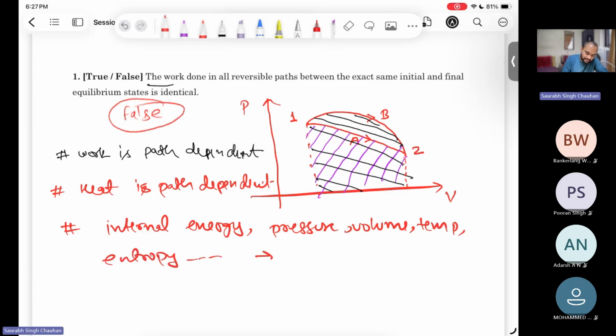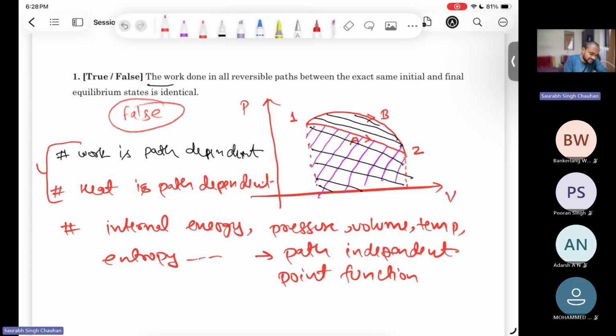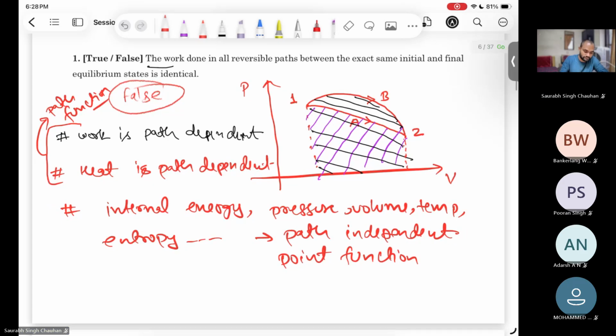All these things are path independent. So these are also called point functions. And work and heat, both of these are path dependent, and these are called path functions. So that's why this statement is false.